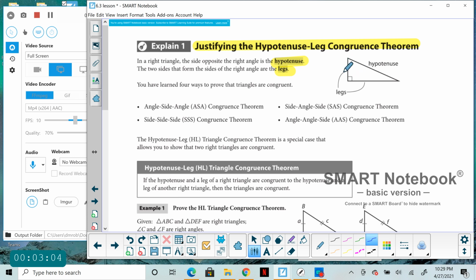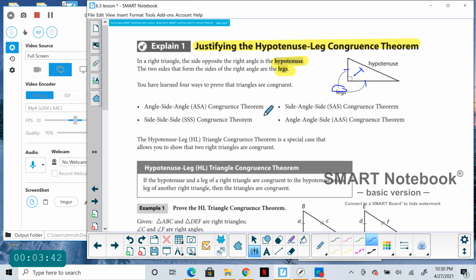The 2 sides that create that right angle are called legs, and the side that's opposite the right angle is called the hypotenuse.